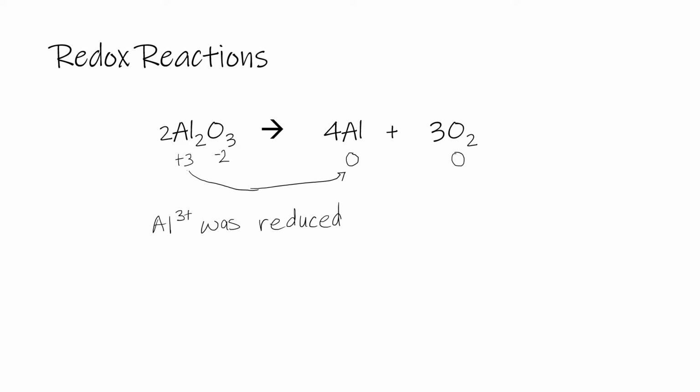The oxide ion in aluminum oxide went from a -2 to a 0 oxidation number. And so it actually increased in oxidation. You can think of it as a number line, -2 being left of 0, and so it increased to get to 0. So the oxide ion was oxidized because its oxidation number increased.